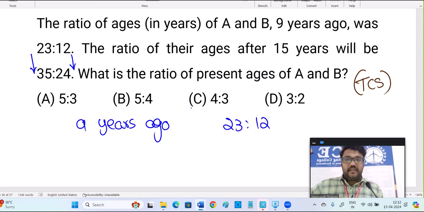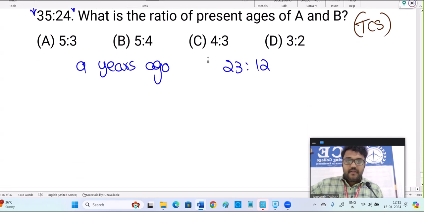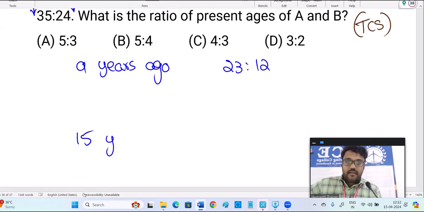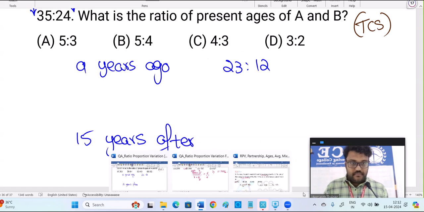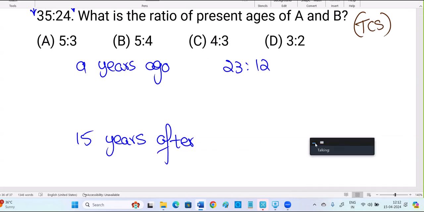Fifteen years after, it is 35 and 24. They want the present age ratio.